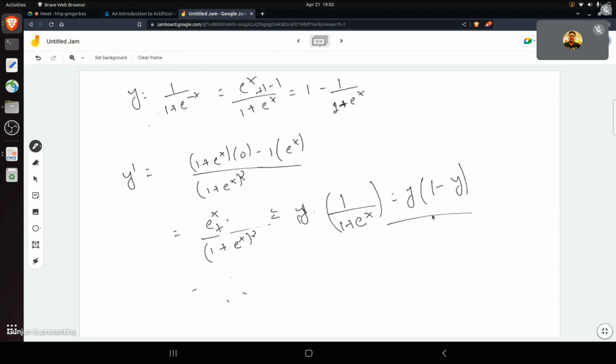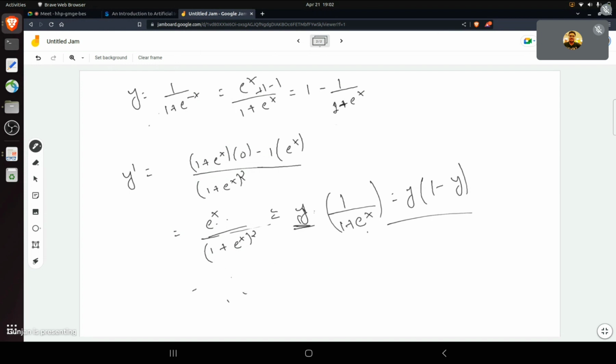You understood the calculation, right? So it just follows like so. See, I'll just reiterate. After differentiation, we got e to the power x over 1 plus e to the power x the whole squared, right? So e to the power x over 1 plus e to the power x, that is y, that is the sigmoid function, and then we have a 1 over 1 plus e to the power x.